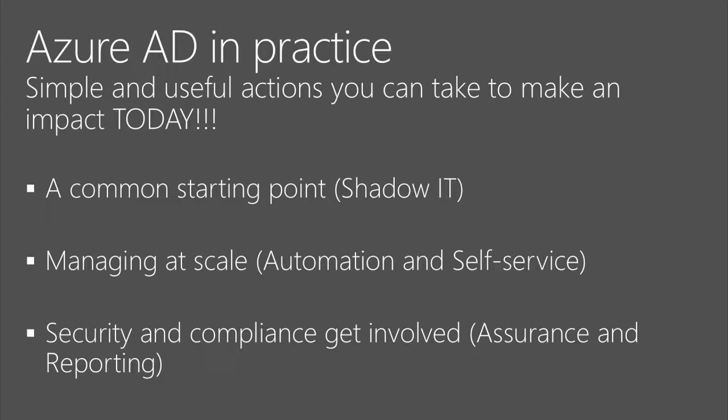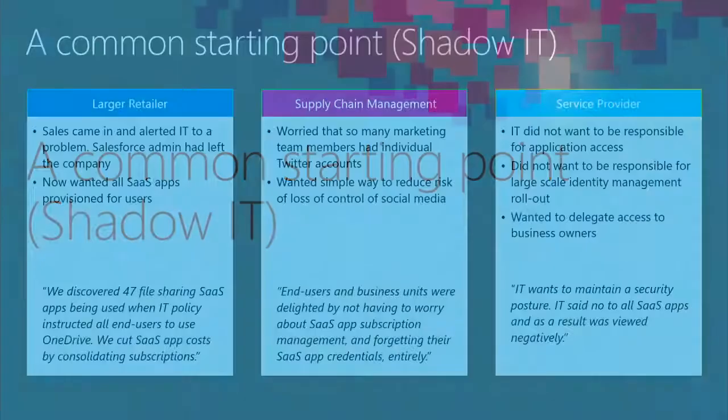After that, managing at scale: how can you begin to automate the system for the provisioning and the access to these applications for the user? And then finally, when your security group and compliance group get involved, how can you really address those issues very simply? And all of this in little chunks that you can actually get started with right away.